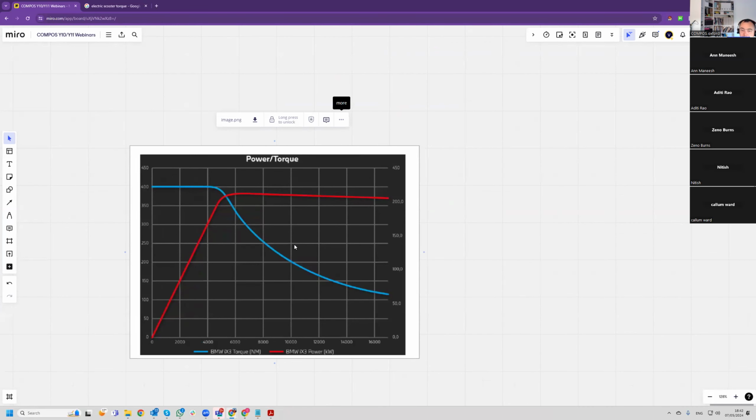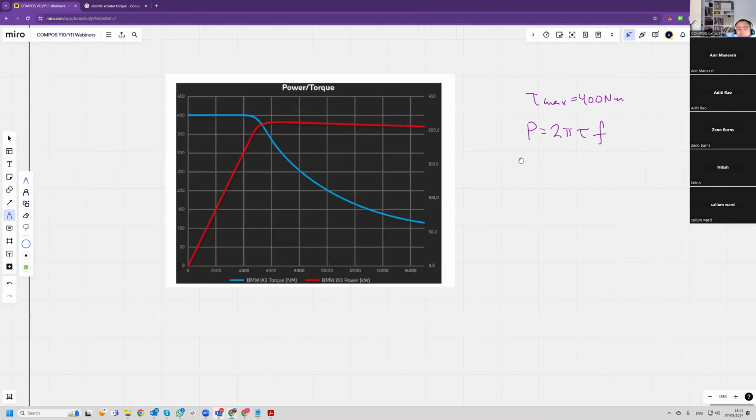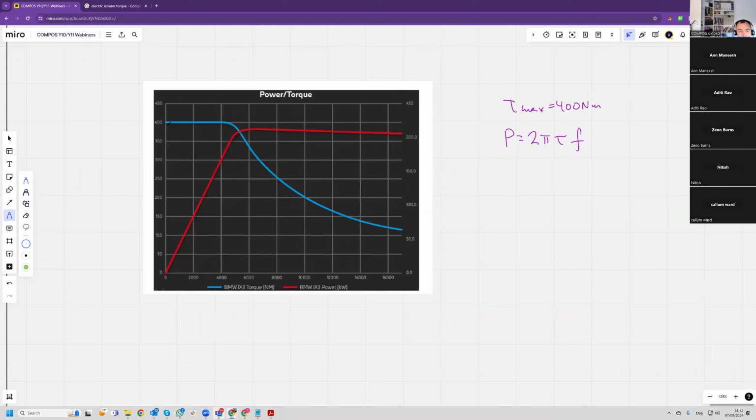So here you can see that power is 2 pi tau f, and tau max we already know is 400 Newton meters. And you can see that the torque is maximum at the beginning.